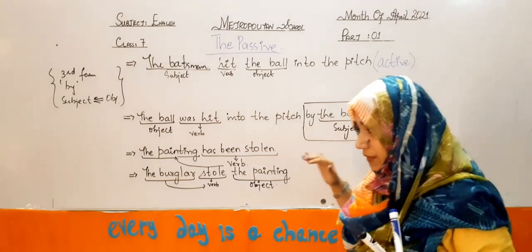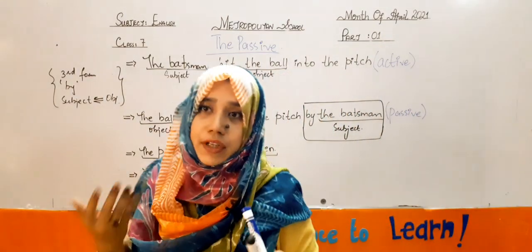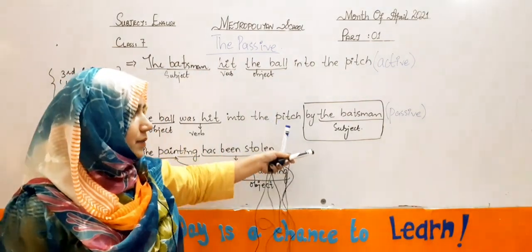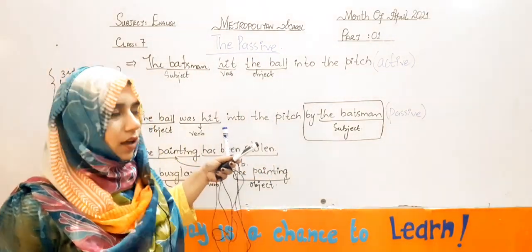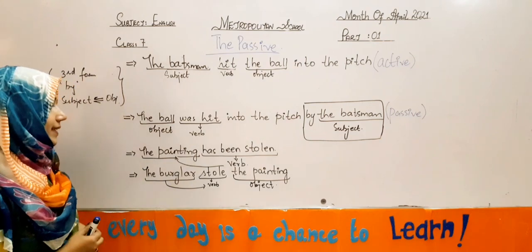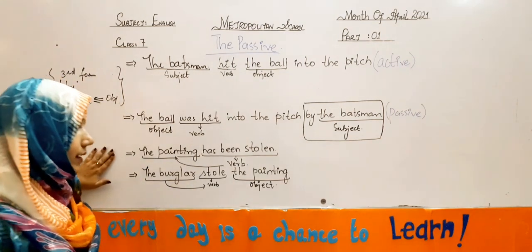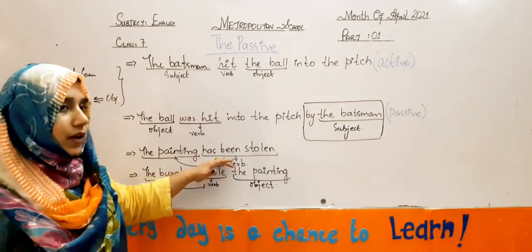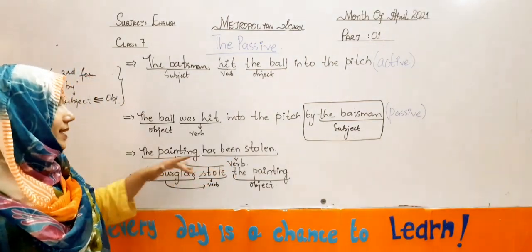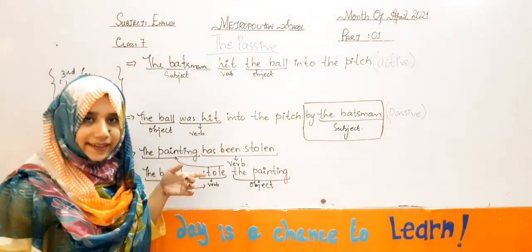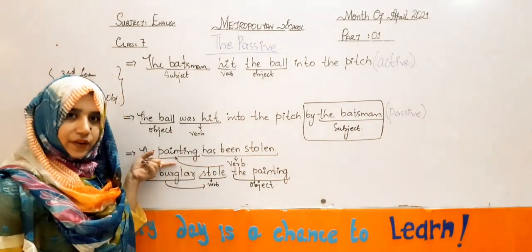So we have some more sentences in which we don't need the subject, and we can change them accordingly, right? There is another sentence: the painting has been stolen, right? Here the verb tells you that something has happened to the painting, so the painting is the receiver of an action.